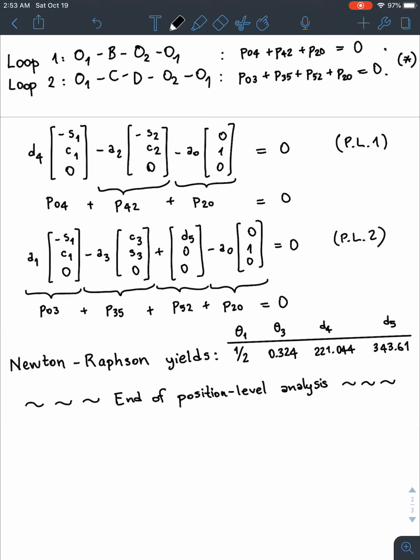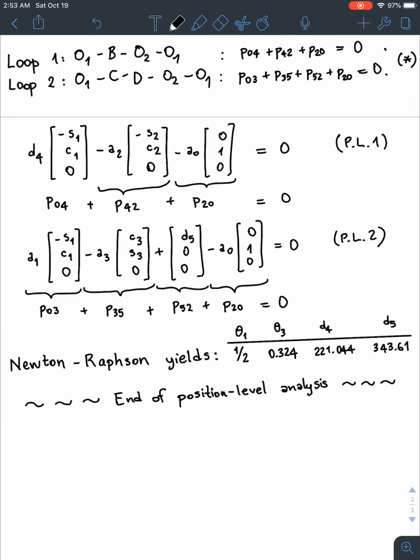So theta 1 turned out to be a half radians. Theta 3 turned out to be 0.324 radian. D4 turns out to be 221.044 millimeters. And D5 turns out to be 343.61 millimeters. And that ends the position level analysis.